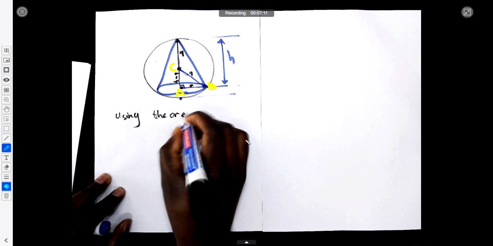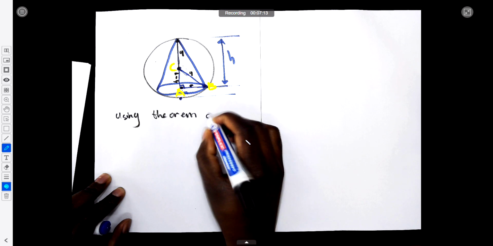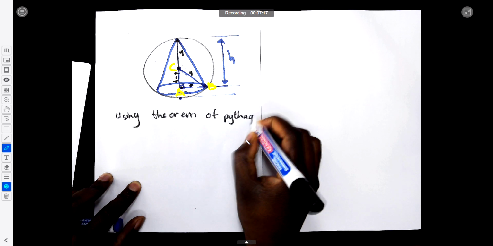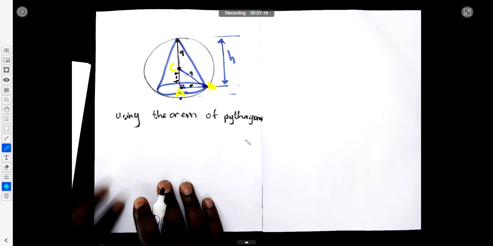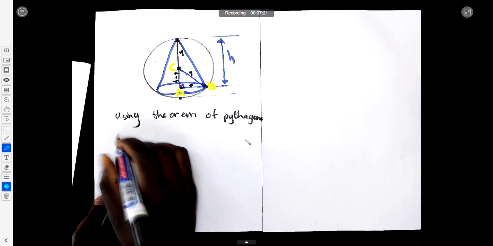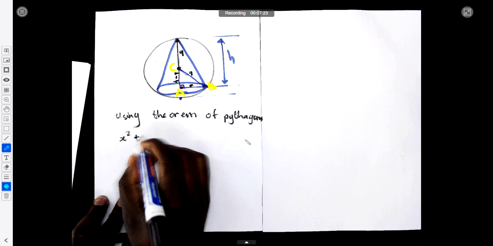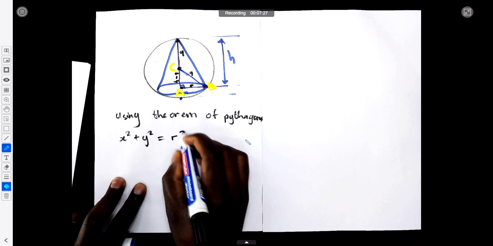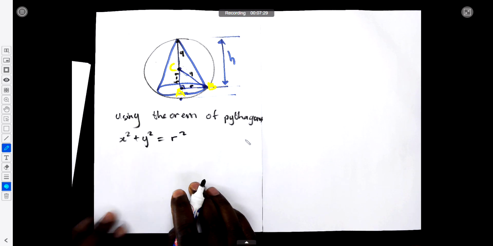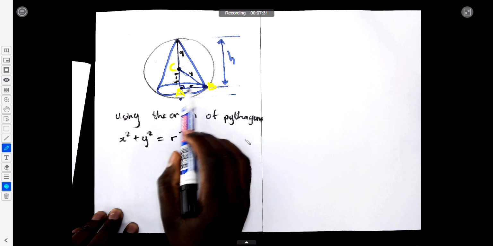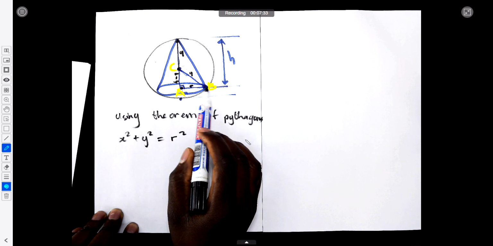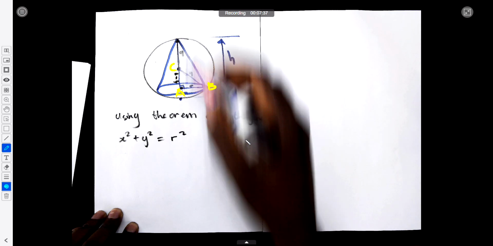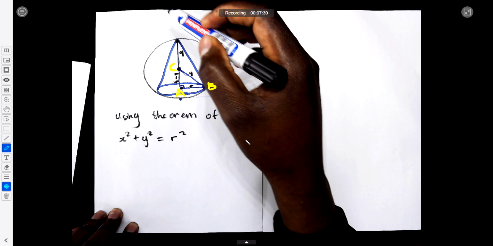So using the theorem of Pythagoras, which is given by x squared plus y squared equals r squared, what we're going to do here, as we said, this is AB. So AB squared plus the y side, which is AC squared.